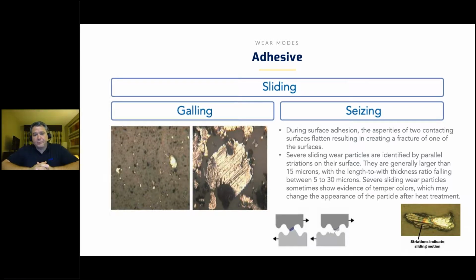So again, water in your oil reduces your film strength, causes problems like this with 2-body adhesiveness, where the two pieces actually touch, weld together, and then separate, causing pieces to tear apart and create sliding. You see the striations and the sliding wear, that becomes evident.